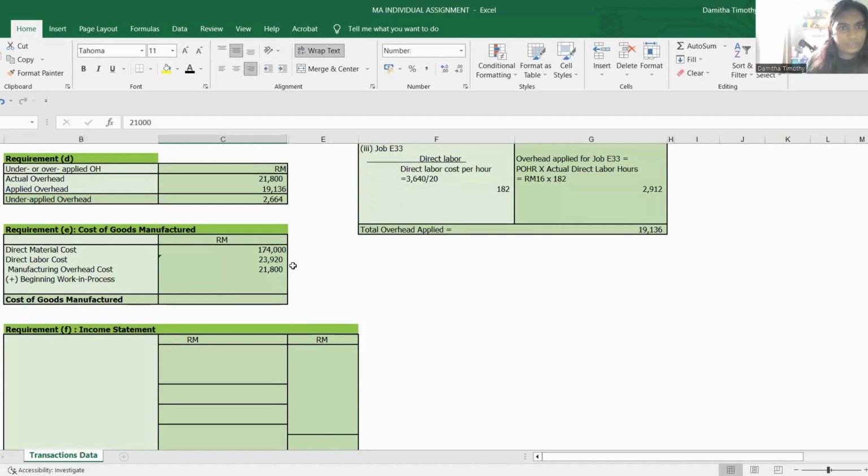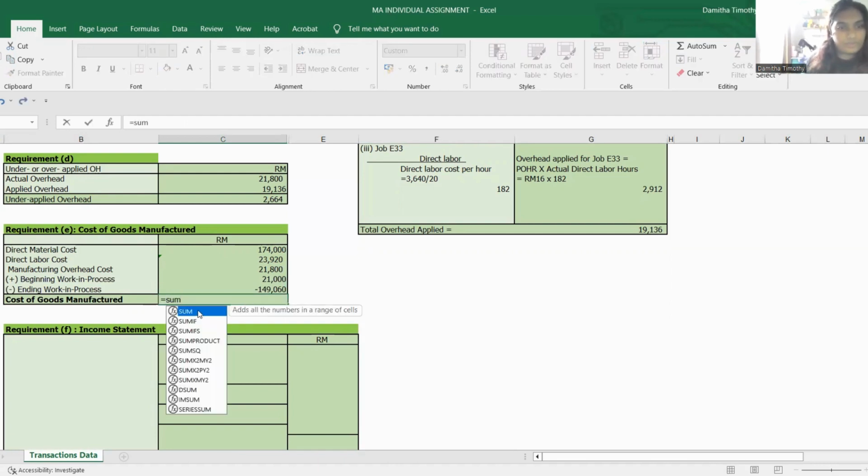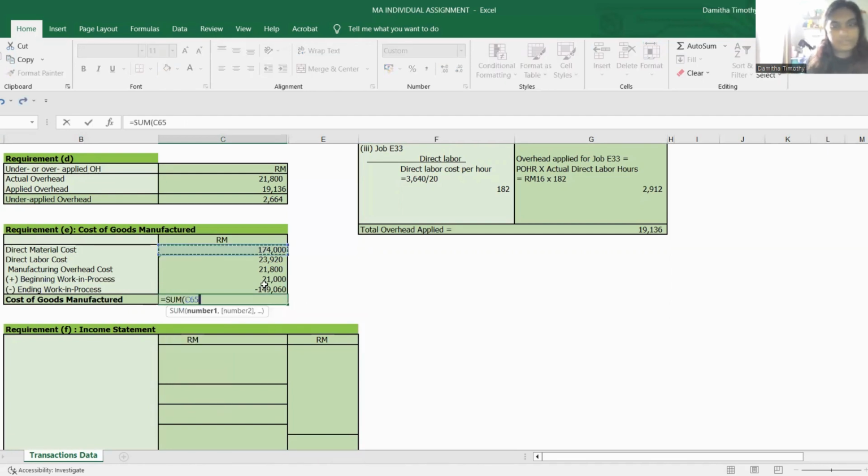And for the ending work in process, we will take the value from the table above, which is negative 149,060, because in cost of goods manufactured, ending work in process will be deducted. So to find the sum of cost of goods manufactured, we will sum all these values here, which is 91,660.